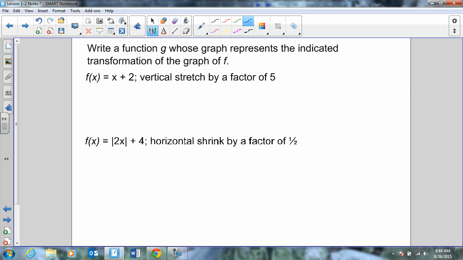That's where we're going to be multiplying it by the a on the outside. So this is the whole function. We're just going to put the 5 on in front of the whole thing.